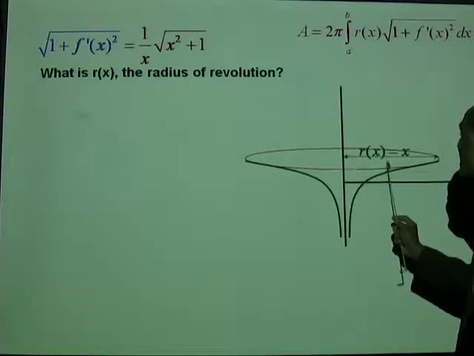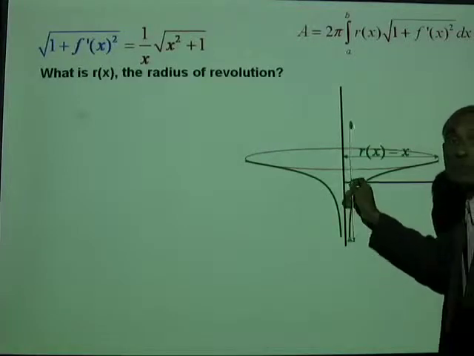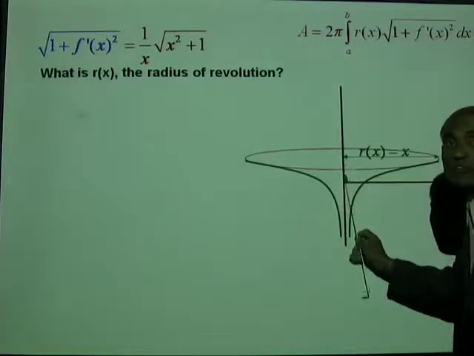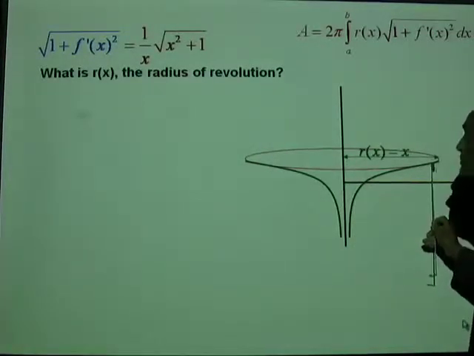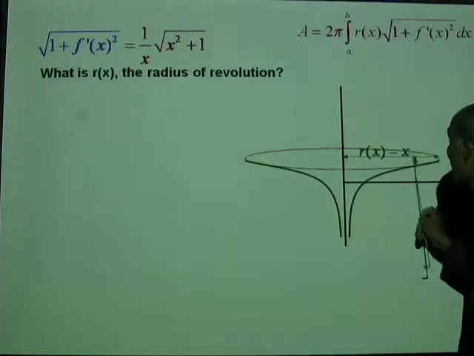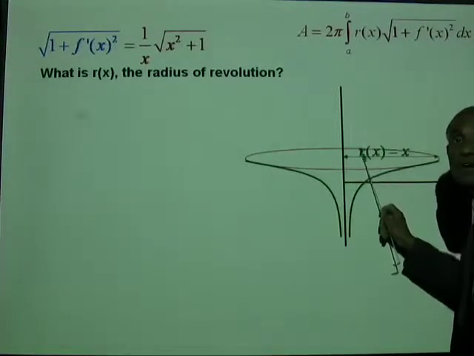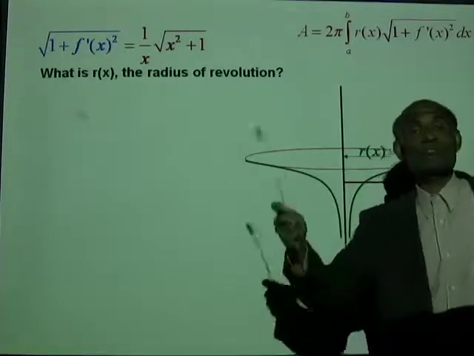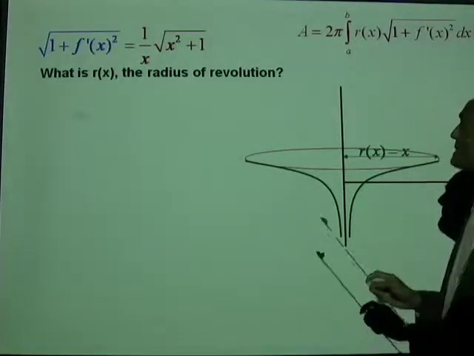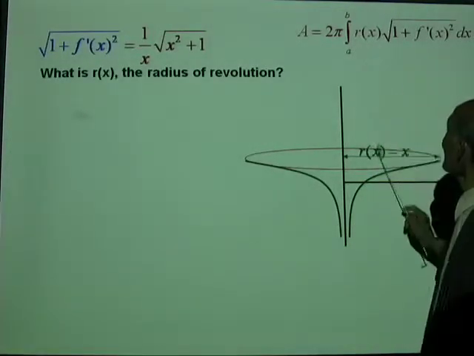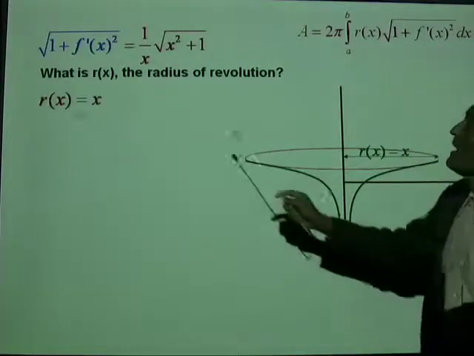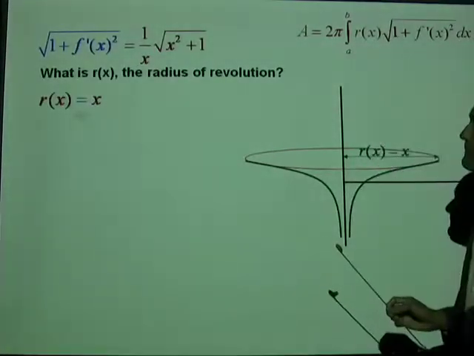The radius is the distance measured from the axis to any point on the graph, and that distance is called x. So r of x equal to x. That's right. So this r of x is actually x. R of x equal to x.